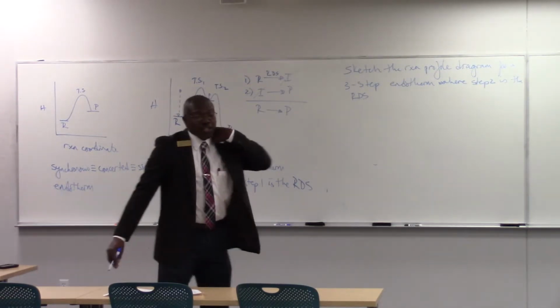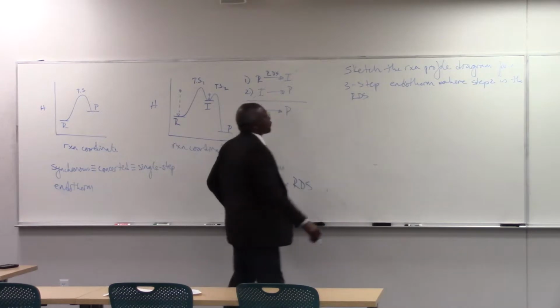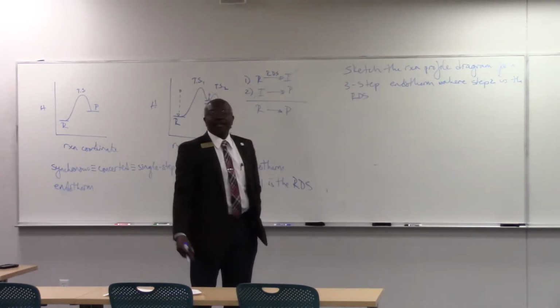So I want to sketch a reaction profile diagram for a 3-step endotherm where step 2 is the RDS.